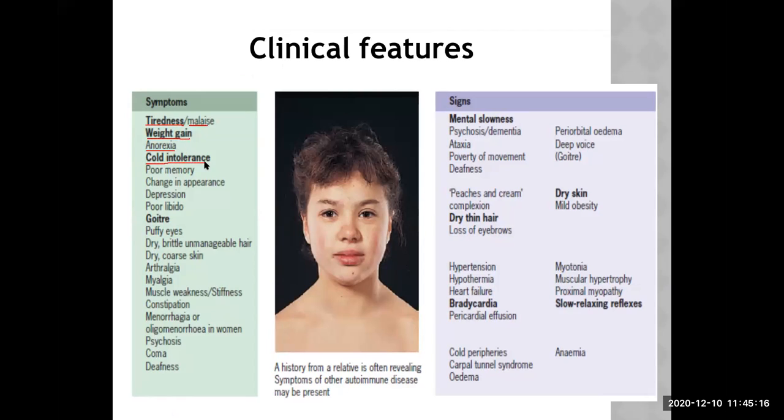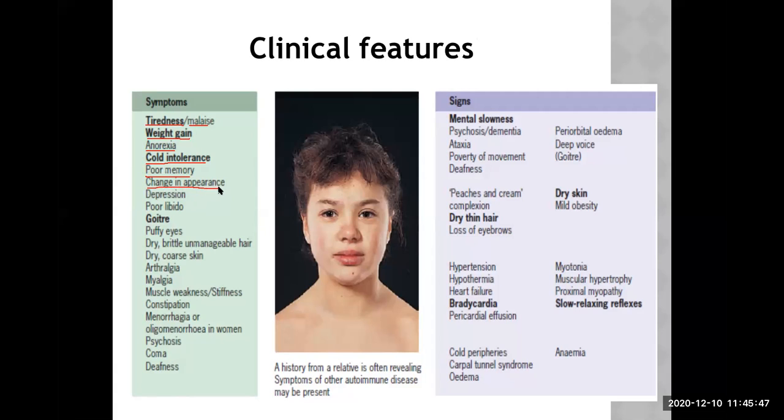Cold intolerance, they cannot withstand the cold temperature. They suffer from poor memory, especially if a child less than 2 years of age develops hypothyroidism, then they suffer from mental retardation. But after that, the typical mental retardation is not there, but still a bit of poor memory is present.